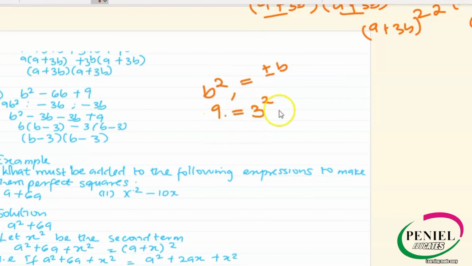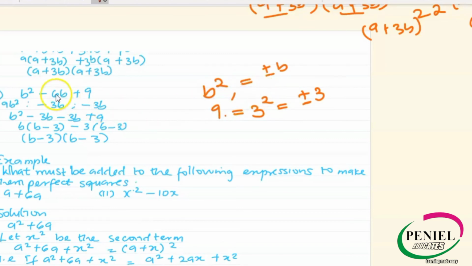And the square root of 9 will give us plus or minus 3. So these two terms that we have here are perfect squares.